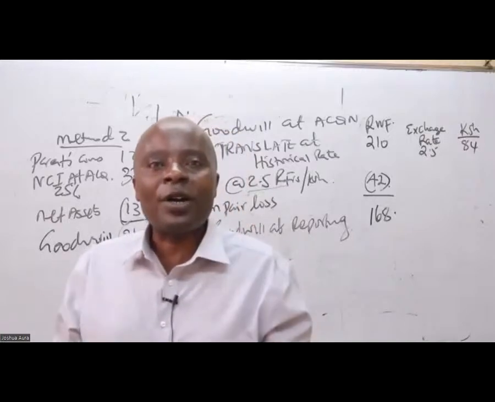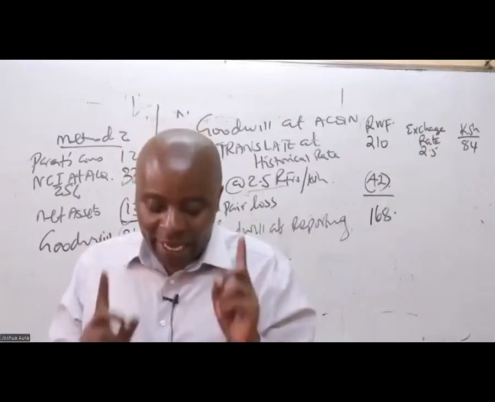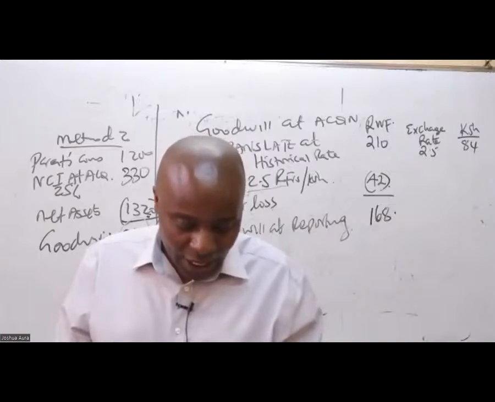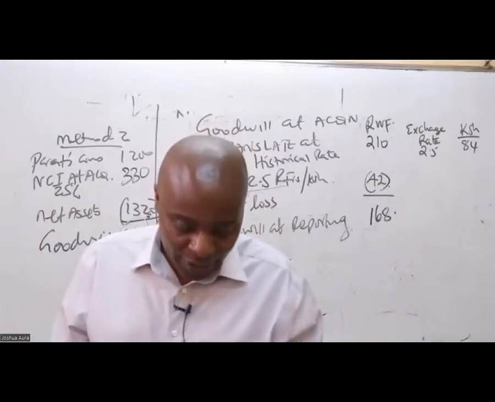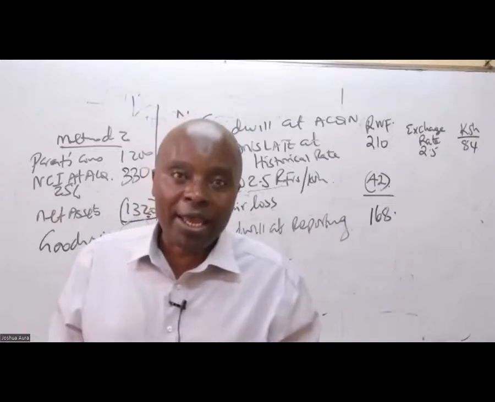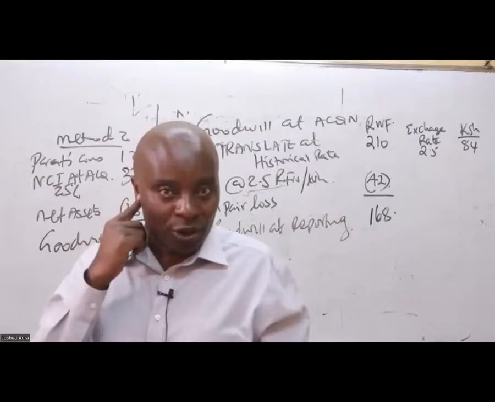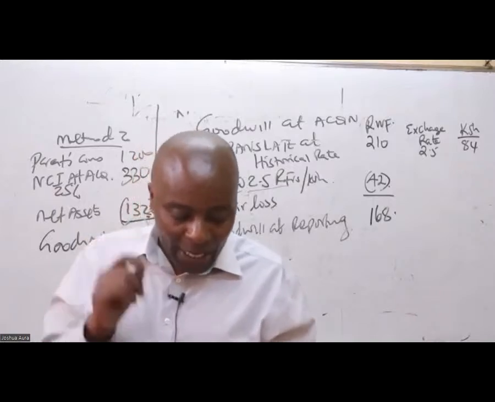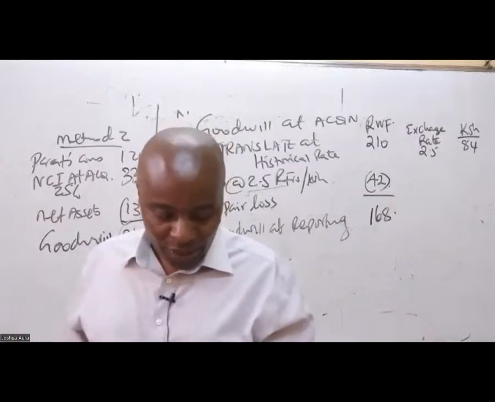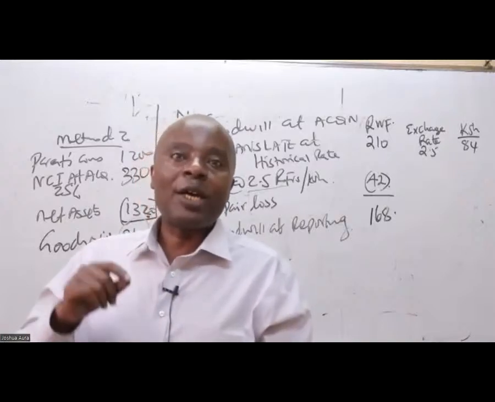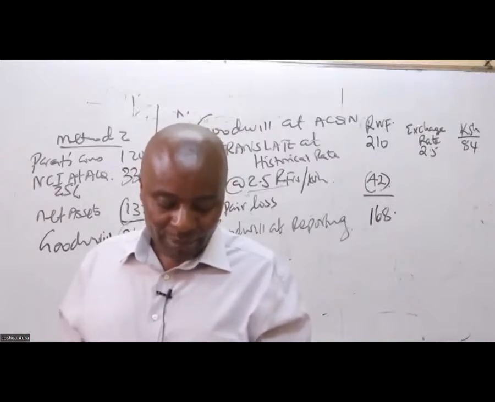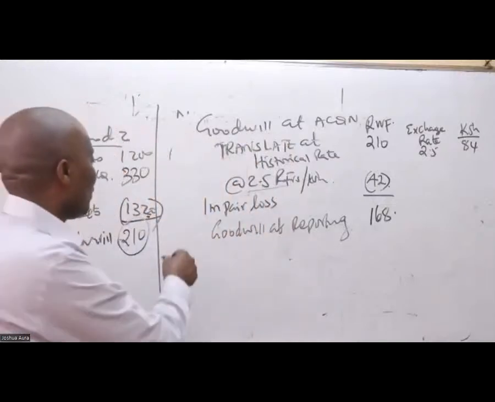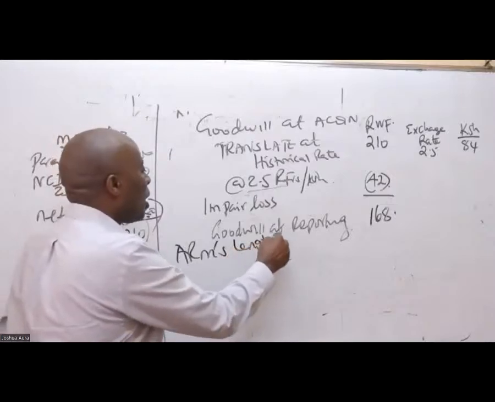The only difference between IPSAS and the IAS is this, and you should write this down: unlike IAS 24, IPSAS 20 does not require disclosure of information about business transactions between related parties which occur at arm's length, what we call normal trade.